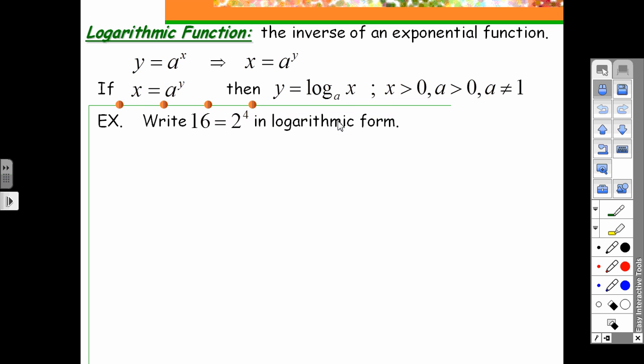Okay, so let's practice. We have to get good at going from exponential to log and from log to exponential. So if we have 16 equals 2 to the 4th, that's in exponential form, and we want to write it as a logarithm.